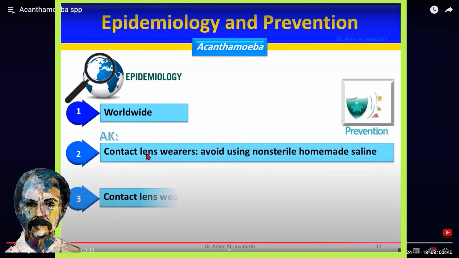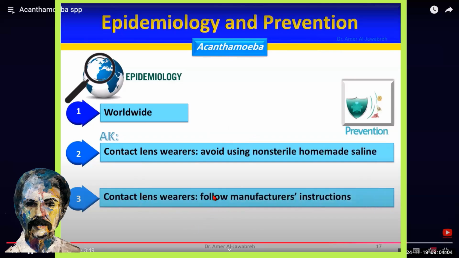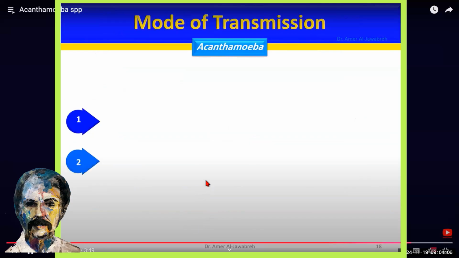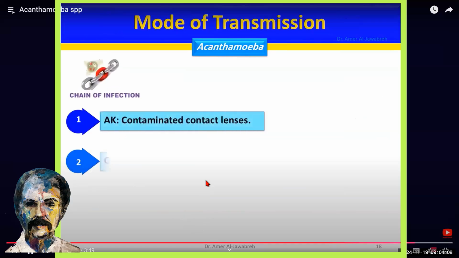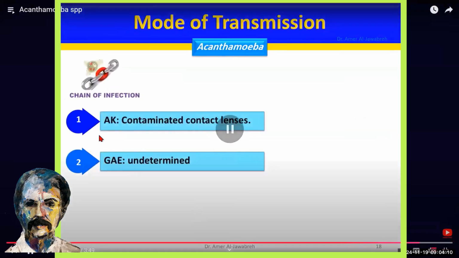So be careful, this is one of the ways that Acanthamoeba can cause keratitis, AK. Chain of infection or mode of transmission: AK, contaminated contact lenses, as I said, and GAE, undetermined, not fully understood. So these three brain amoebas, they are still mysterious.